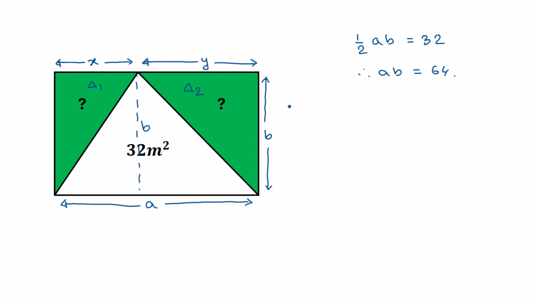At first, the area of this first triangle, delta 1, is equal to half times base times height.